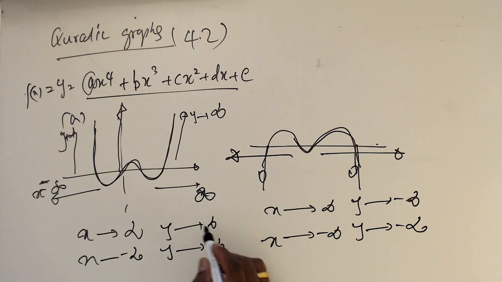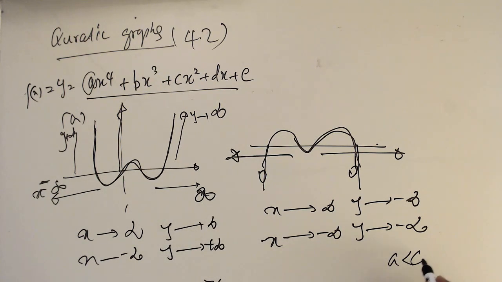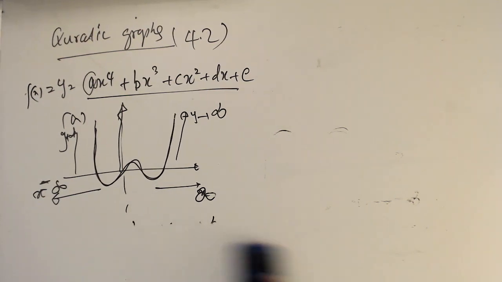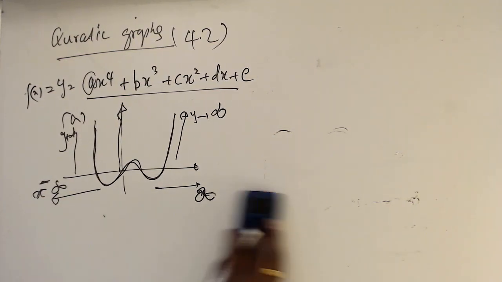So if a is greater than 0, then y always goes to positive. If a is less than 0, then y always goes to negative. You can check this one, the way I explained.